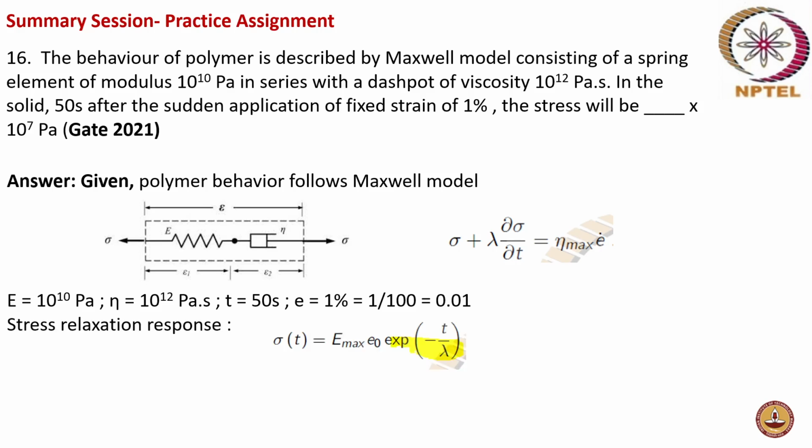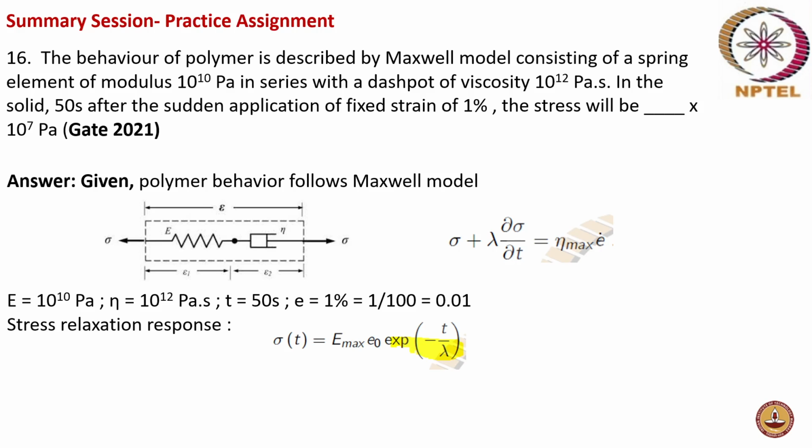The stress relaxation response for the Maxwell model is sigma of t equal to E max into E naught into exponential of minus t by lambda, where E max is your modulus and E naught is your strain. Since it is stress relaxation, your strain is fixed at 0.01.